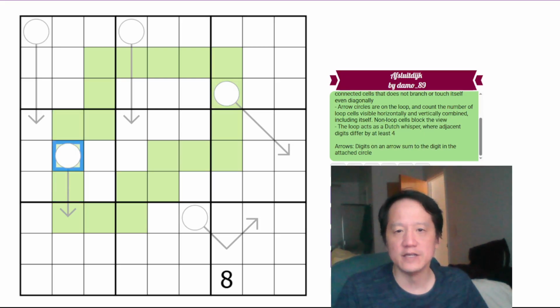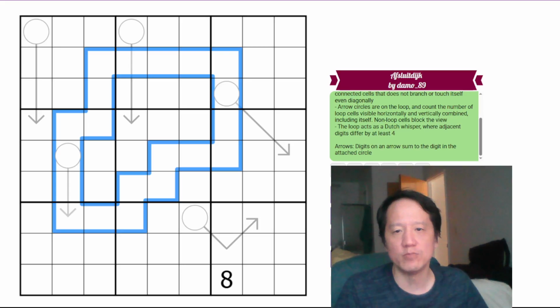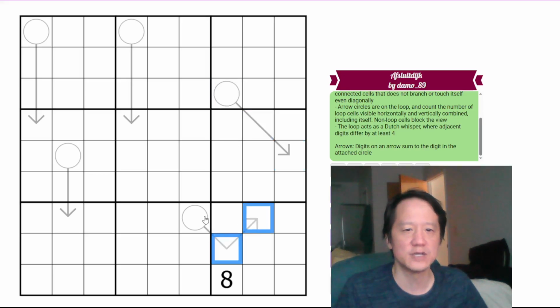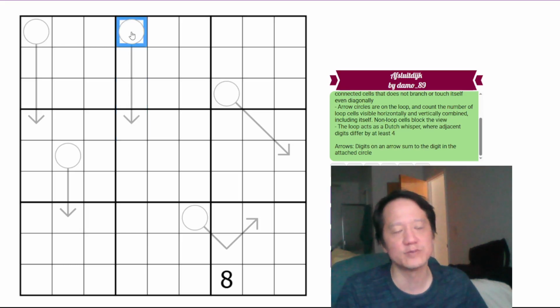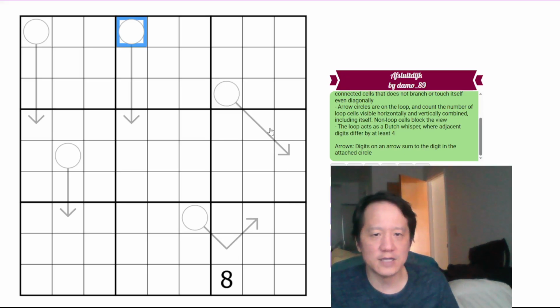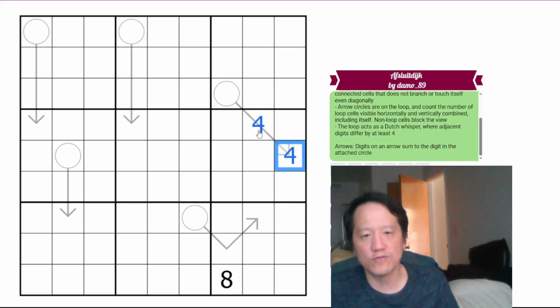And then finally, digits on an arrow must sum to the digit in the attached circle. So for example, these 2 digits must add up to what this digit is. These 2 digits must add up to what this digit is. These 3 must add up to what this digit is, etc. As an example, we could have 3 and 3 here, and this is 6.